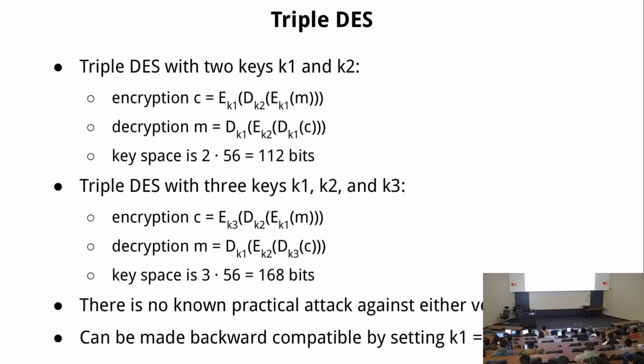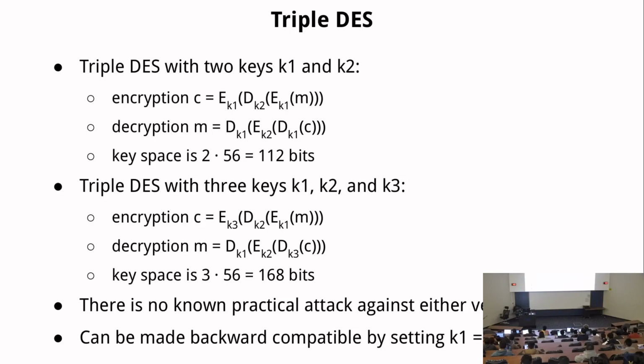That's why there were other proposals, and there were 2 triple DES proposals. For those algorithms, we still don't know any practical attacks against either version. The first triple DES only uses 2 keys, so the practical key length there is 112 bits.